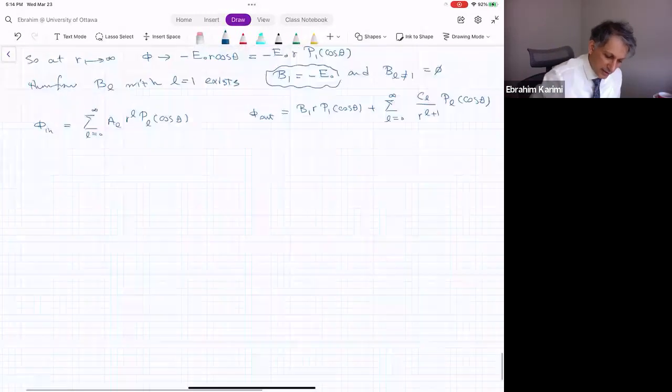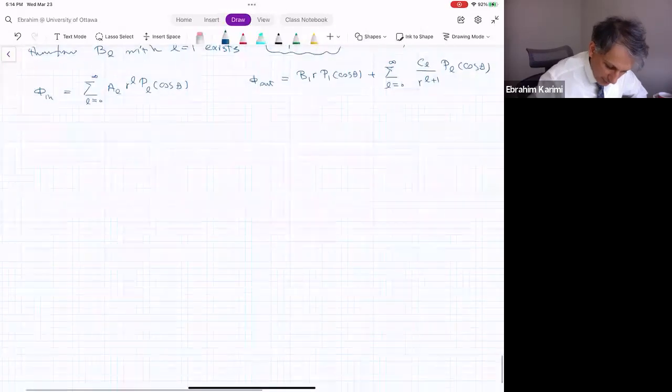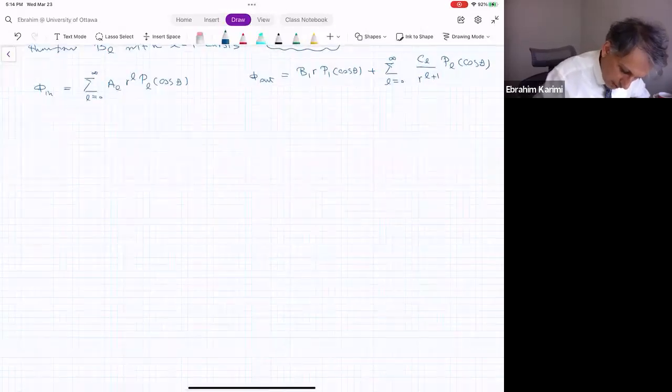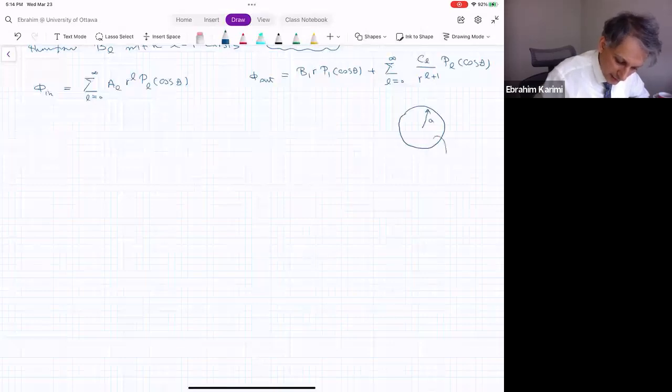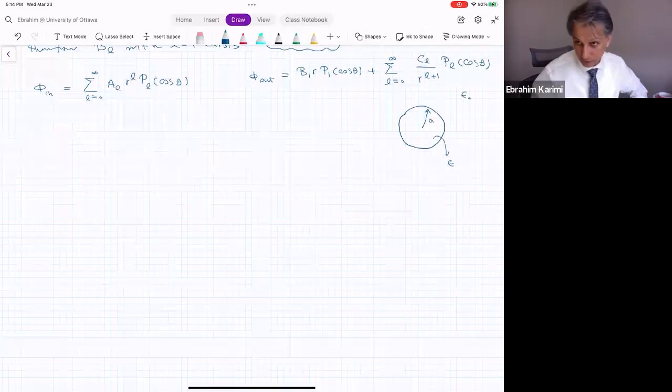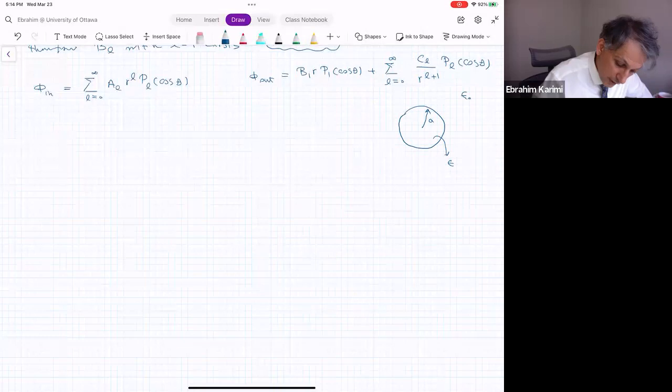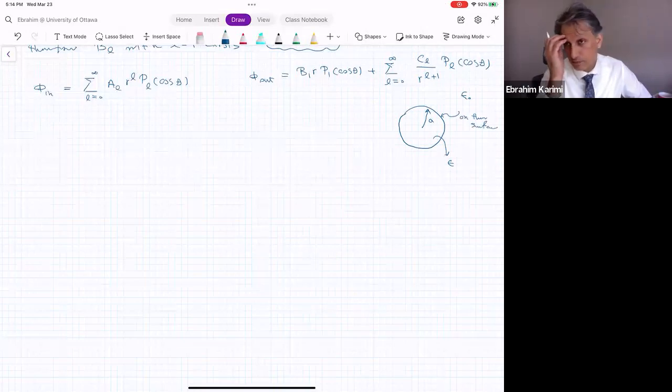Now let's look at the boundary that we do have. So that was the sphere that we had. The radius was a. The dielectric was epsilon. Outside was epsilon 0, because it was vacuum. Then on the surface, what do you have as a boundary condition?